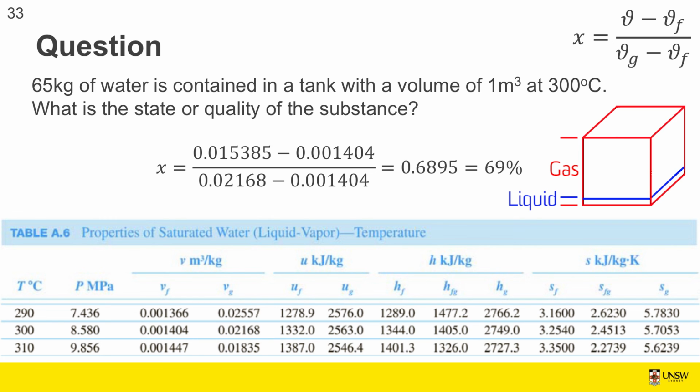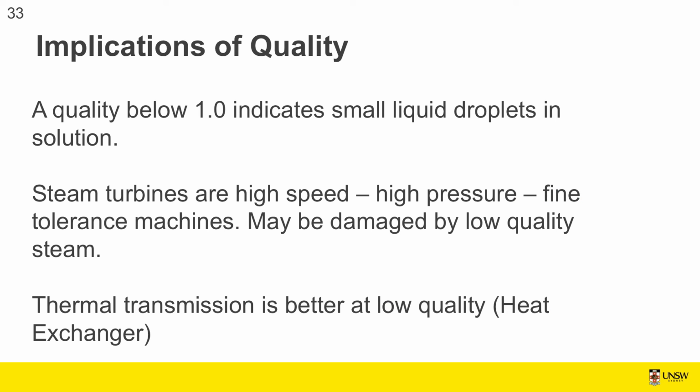Excellent. Just a note on quality. Quality will be specified with turbines. So when you buy a turbine, it'll say that it can't handle qualities below 90%, 95%, something like that, right?